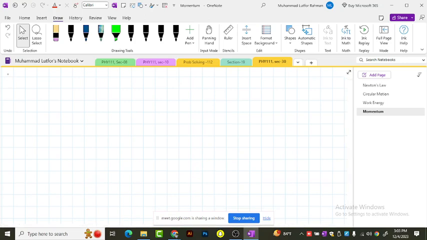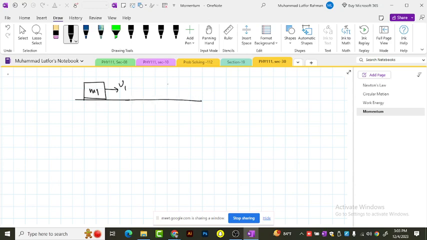All right, let's consider a case. I have a case where two objects are going to strike each other. So this is the case. This is the object, this is M1, moving with the speed V1, and the second object is M2, which is moving towards that direction with V2.